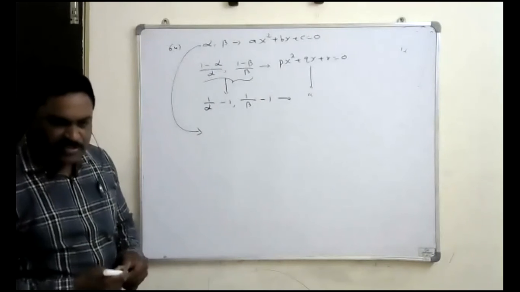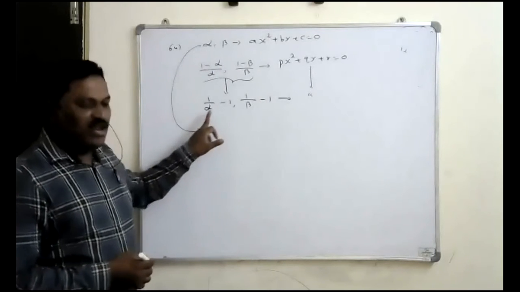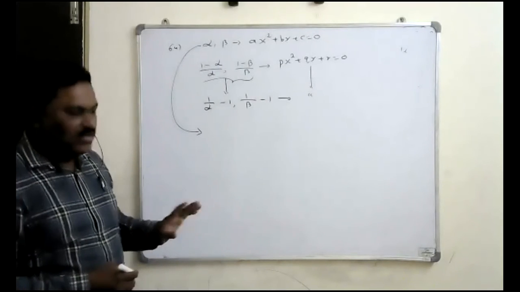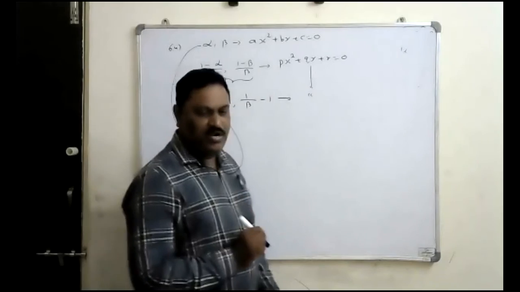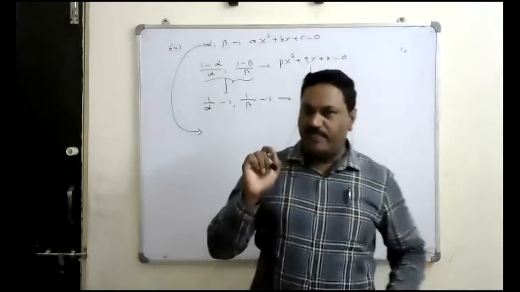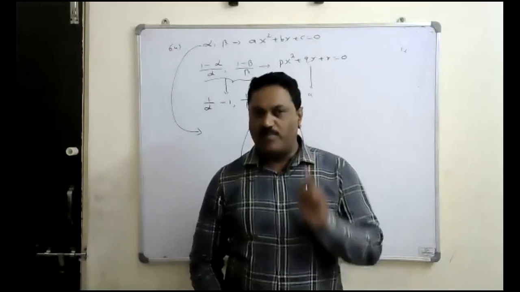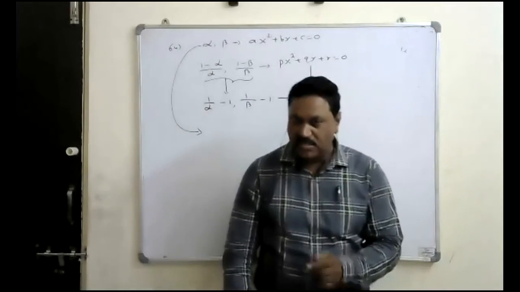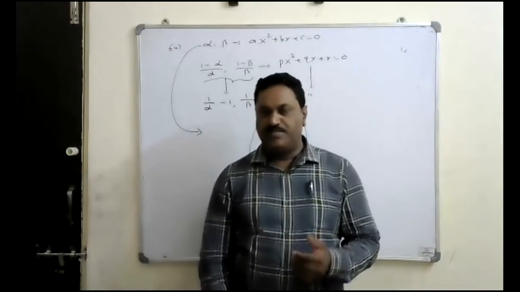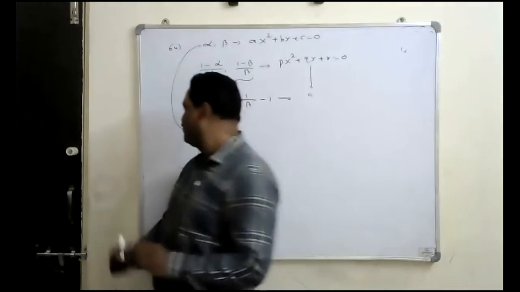Now we will first find the equation whose roots are 1 by alpha and 1 by beta. I already gave you one point: if alpha, beta are the roots of the equation f of x equal to 0, the equation whose roots are 1 by alpha, 1 by beta is f of 1 by x, meaning replace x by 1 by x.